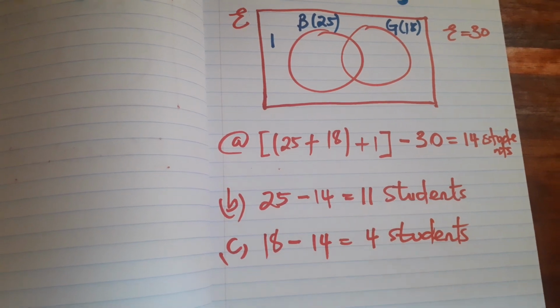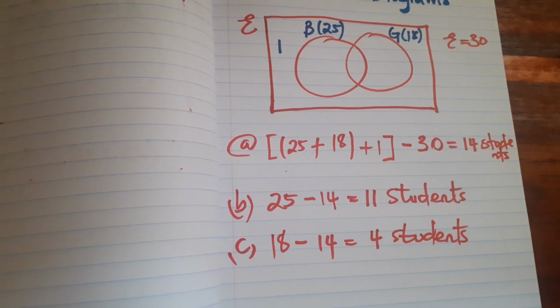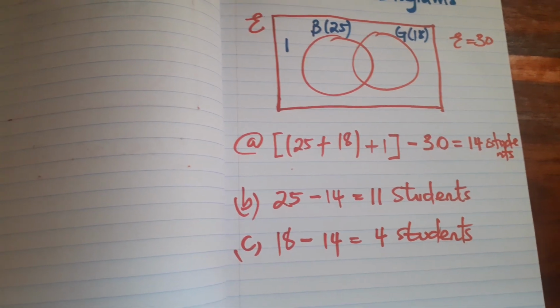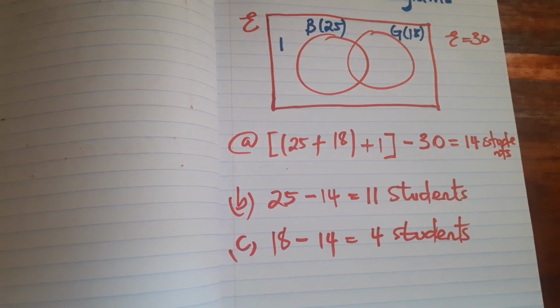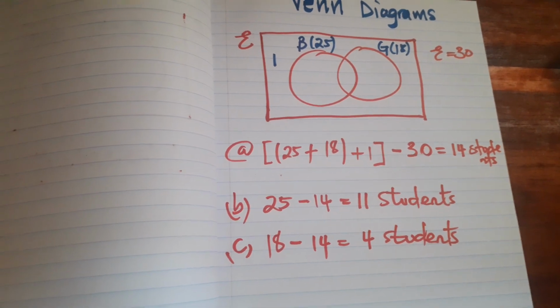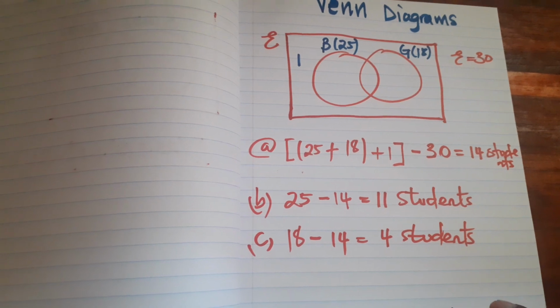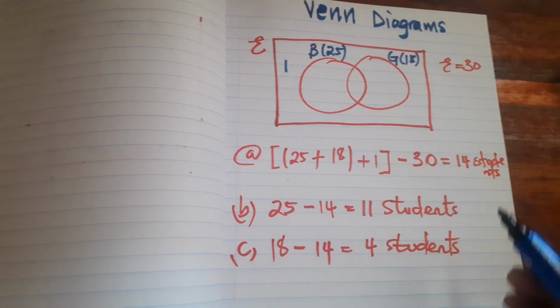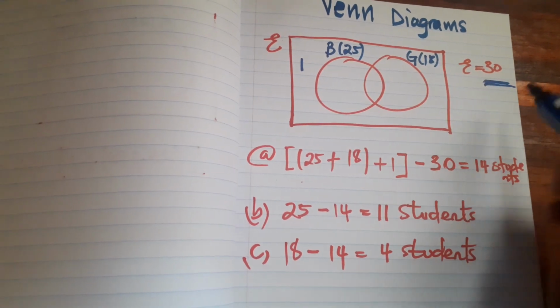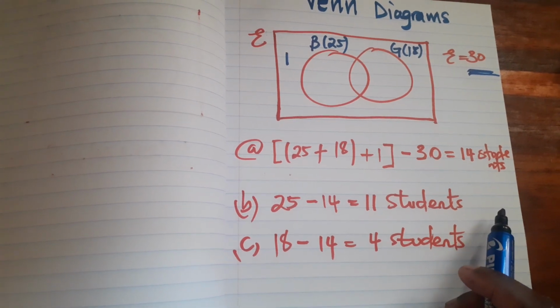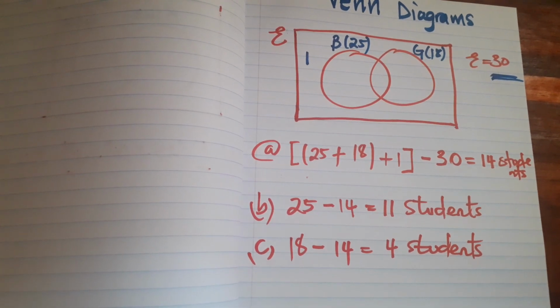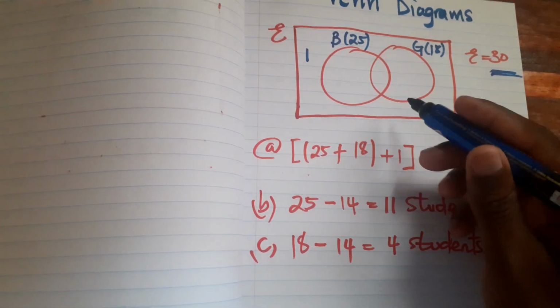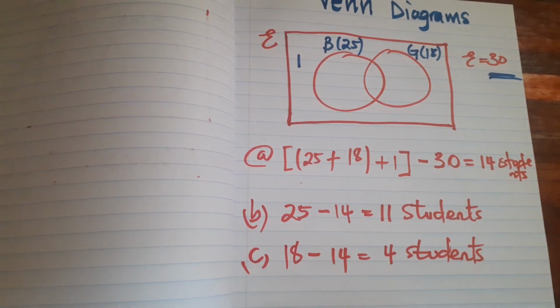That's all. Now, how do you tell that your answers are correct? You should always verify to make sure that your answers are correct. We were told that the universal set contains 30 students. Oh, I forgot to put this information in the Venn diagram.